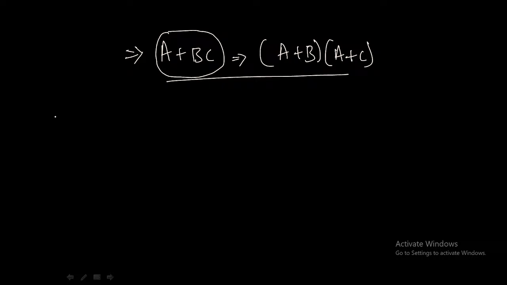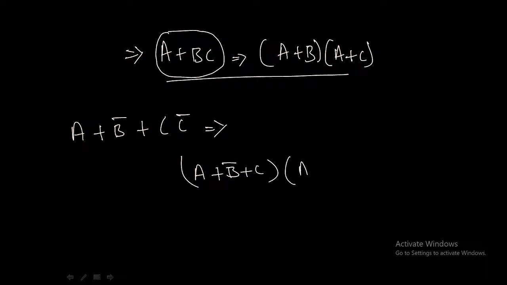Similarly, in our example where we have (a plus b bar plus c) into c bar, how can you expand this? You can expand this using the same concept. It becomes (a plus b bar plus c) into (a plus b bar plus c bar), and so on.